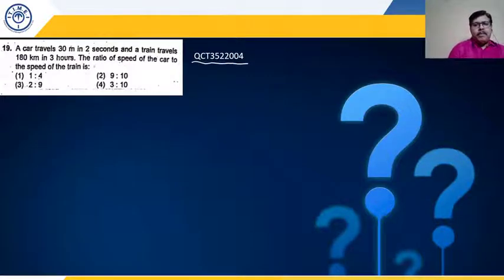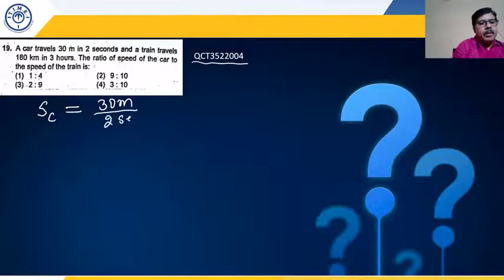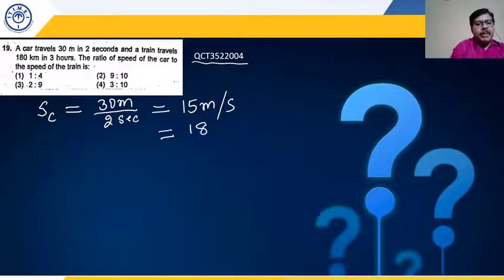So first of all, tell me, what is the speed of the car? Can I say the speed of the car is distance divided by time, which is basically 15 meter per second, which is nothing but 18 by 5 into 15?